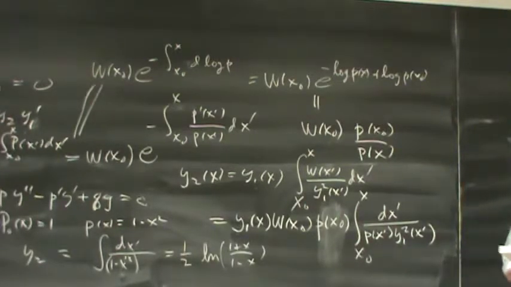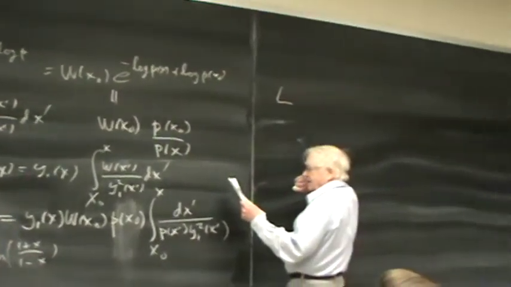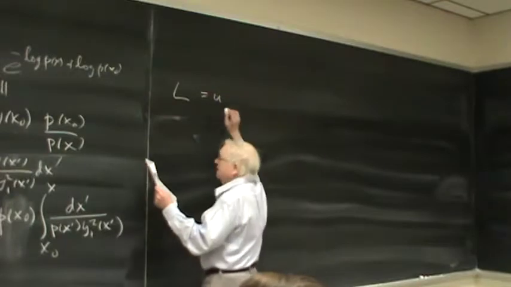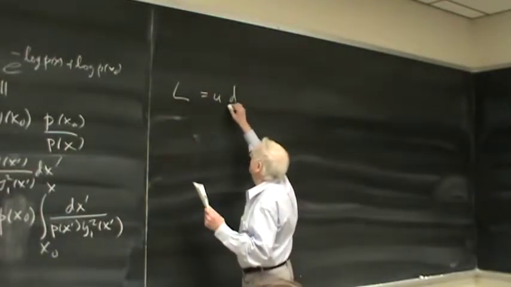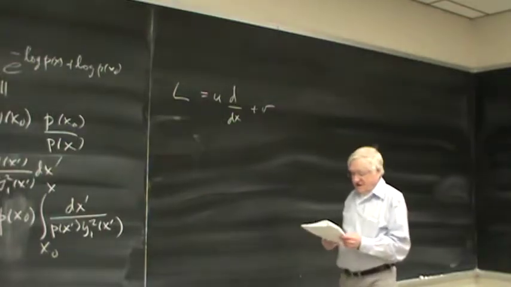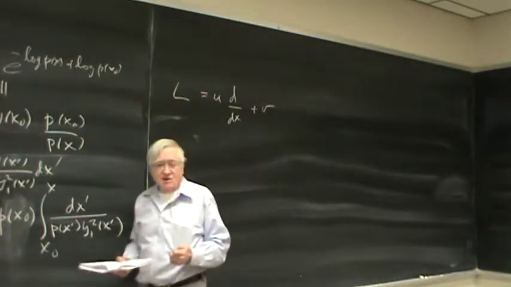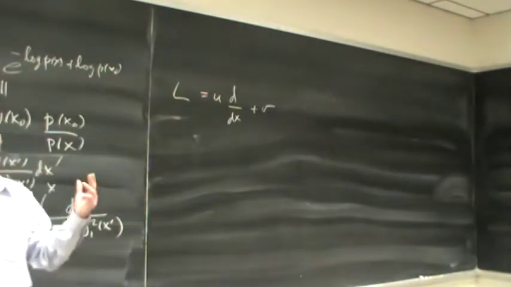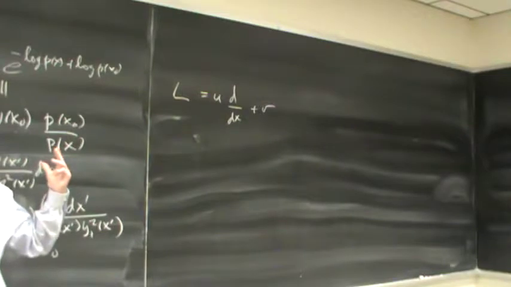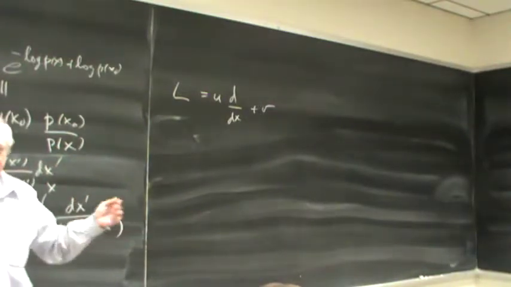So what I want to show you is this: suppose we have a first order differential operator L is u d by dx plus v. I want to examine what u and v have to be in order for L to be, let us say, formally self-adjoint.